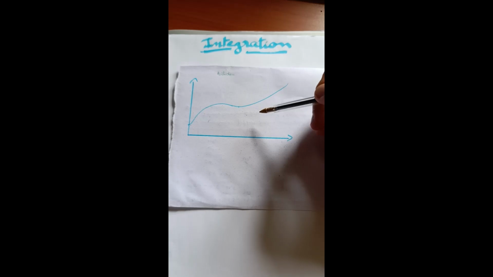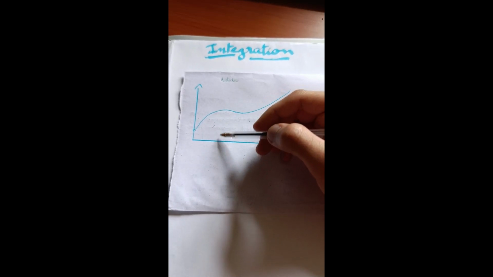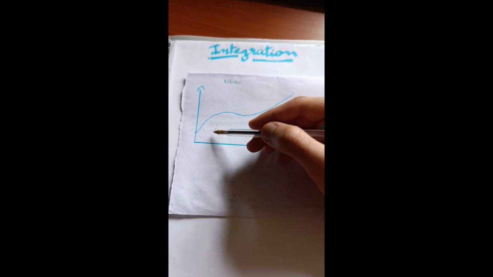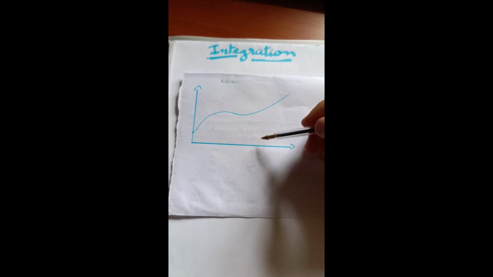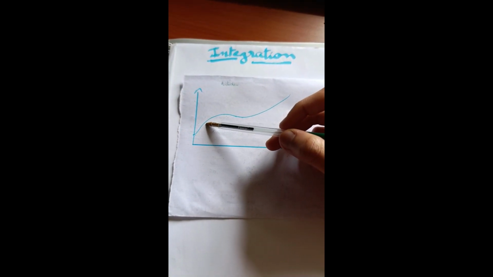So what integration really is, is just a sum over infinite values. And these values are changing because if we see here, the area under this part would be different than the area under this part because the values of the curve are continuously changing.